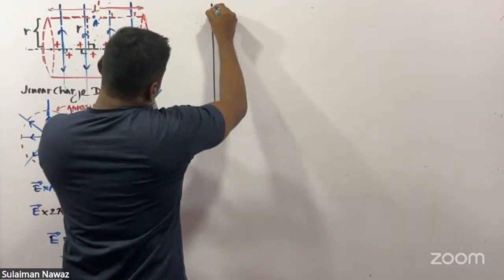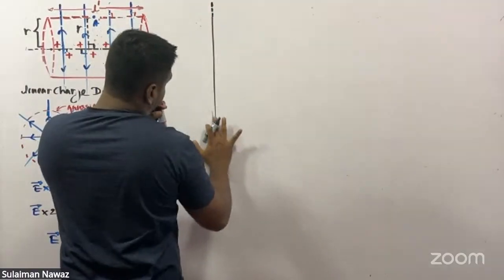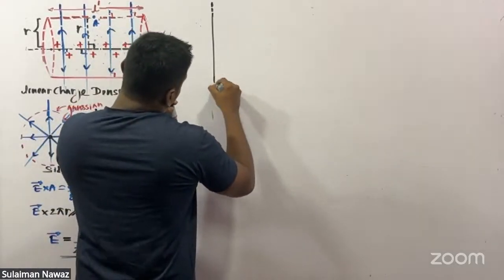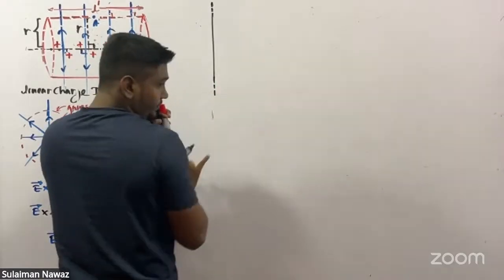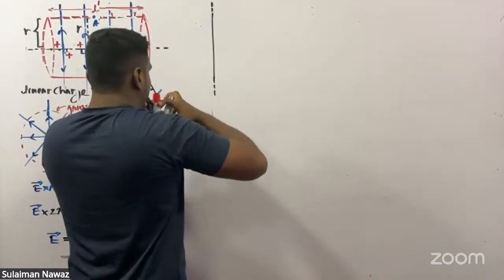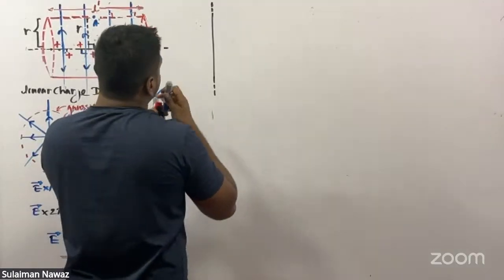This is the wire, an infinitely long wire, and this wire is positively charged.